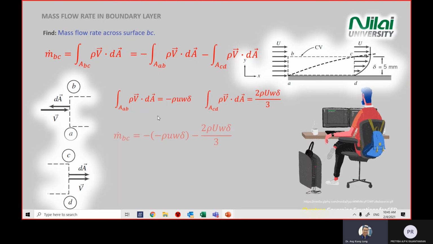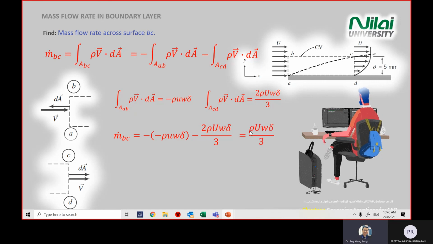So you combine what you get so far. The mass flow across BC will be negative rho U w delta minus, because just now in the earlier equation it is negative, so minus 2 rho U w delta divided by 3. At the end you arrive at rho U w delta divided by 3.